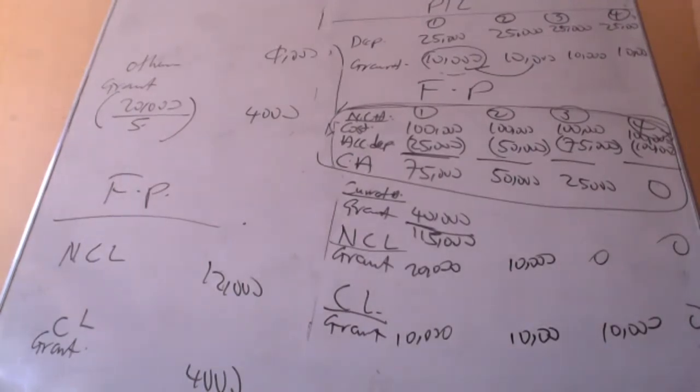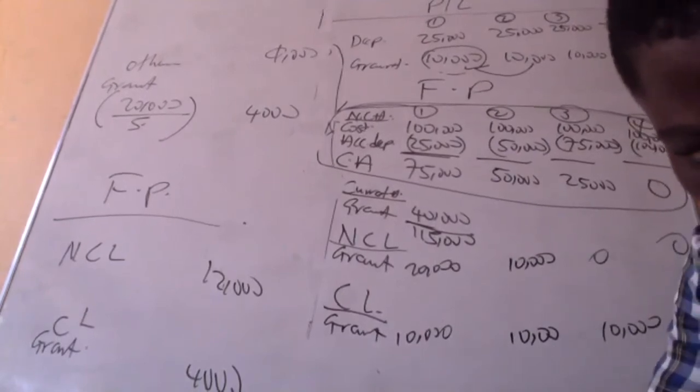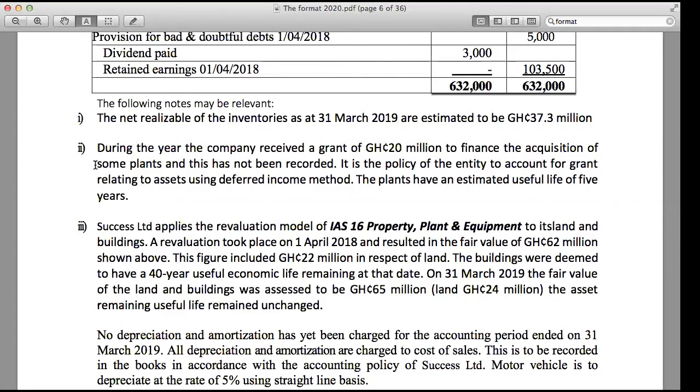Okay, so that is it. This is how it will appear for question number 1. Now try question 2 for me. This one is Success. And then you try another question that came in one of your settings. That question is question 5.